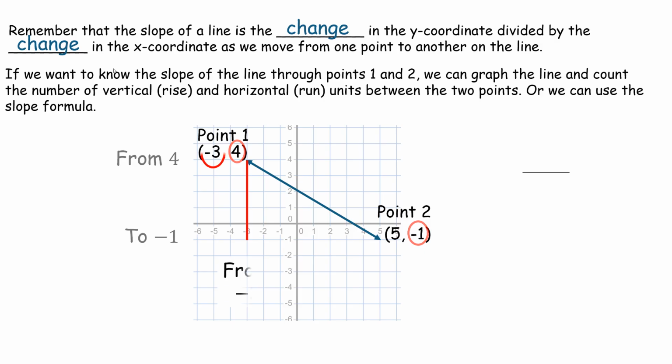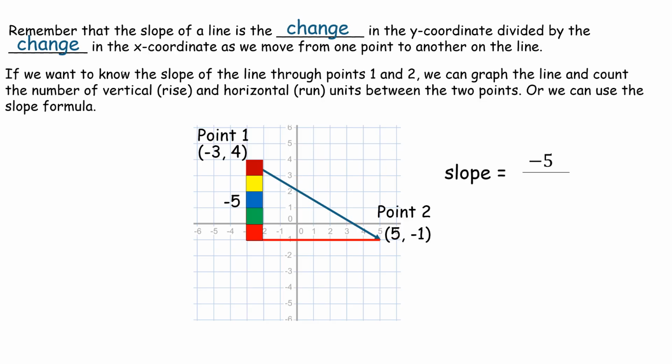So the x coordinate for the first point here is negative 3, and the x coordinate for the second point is 5. So for those y coordinates, you're starting at 4 and you're going down to negative 1. So that's a change of negative 5. So that is in the numerator of your slope.